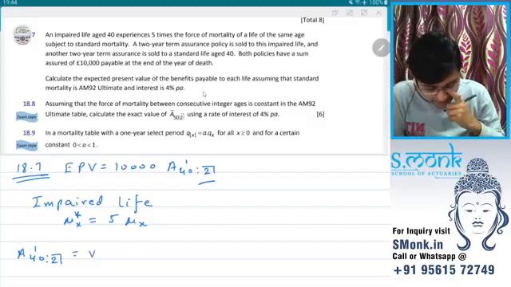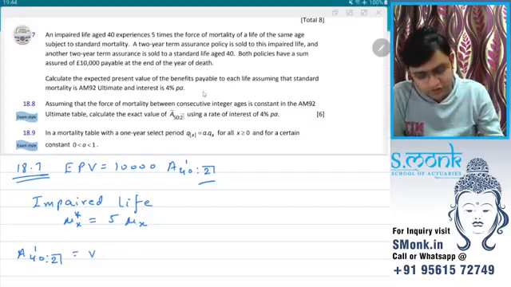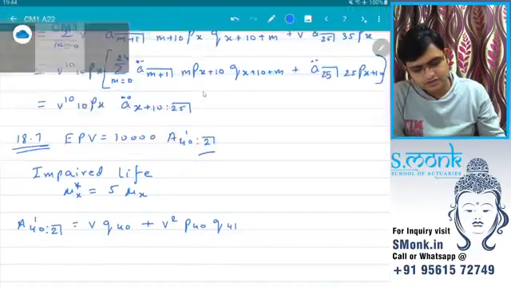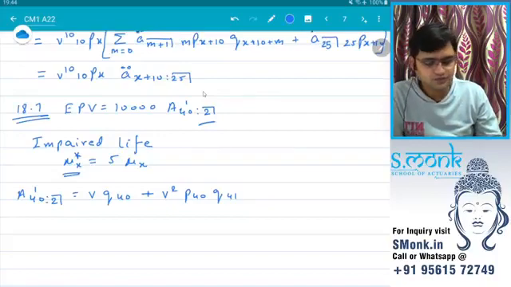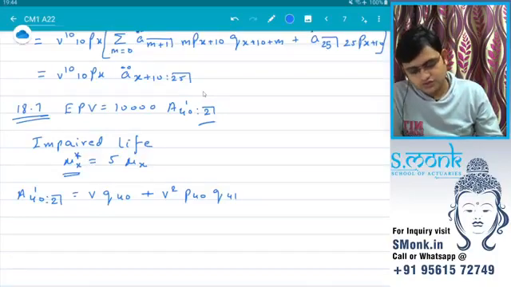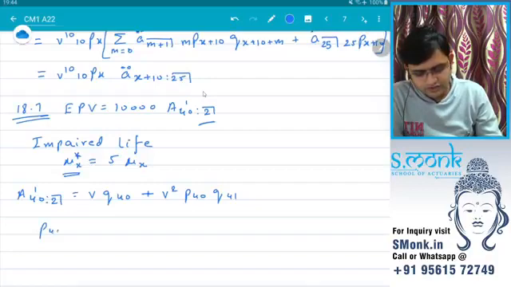Payment given at time v to anybody who dies in the first year, and then payment given in the second year to anybody who survived the first year and died in the second year. So for these we will have to calculate mu star 40 and mu star 41. Okay. So what is P40?